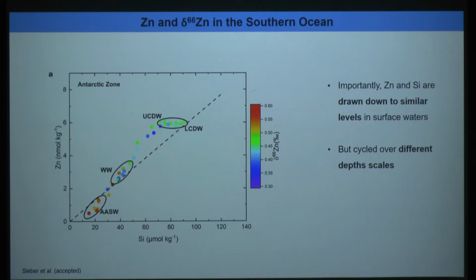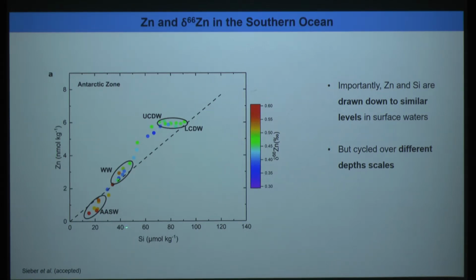And to confuse you a little maybe now, this is again for the Southern Ocean zinc against silicon, just because for the global ocean we have this nice linear correlation between zinc and silicon. So how does it look here? See, we don't really have this.